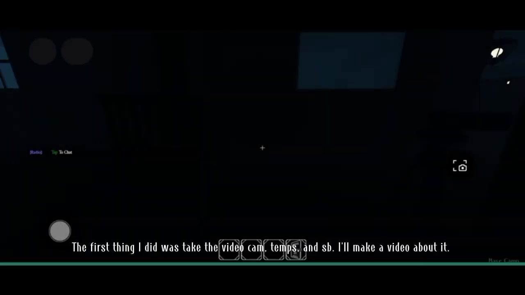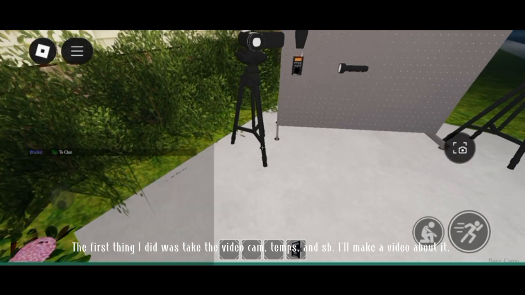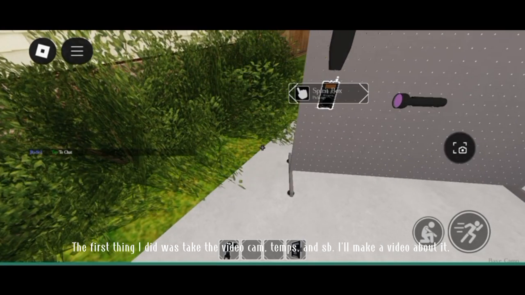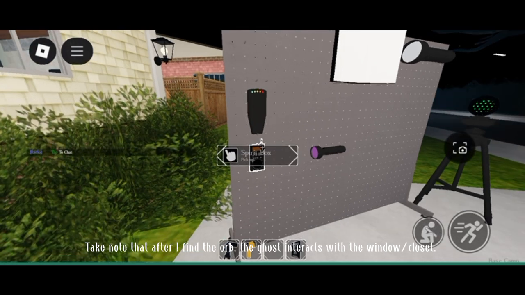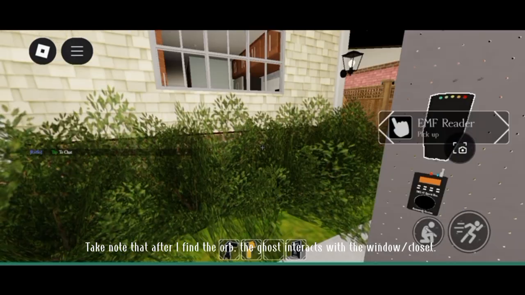The first thing I did was take the video cam, Tom and SB. I'll make a video about it. Take note that after I find the orb, the ghost interacts with the window closet.